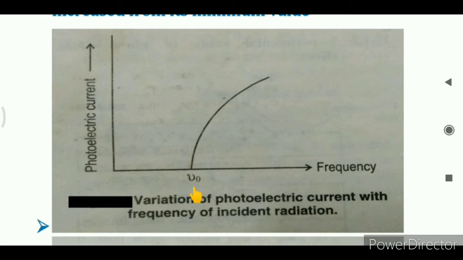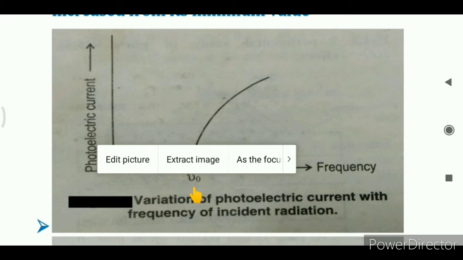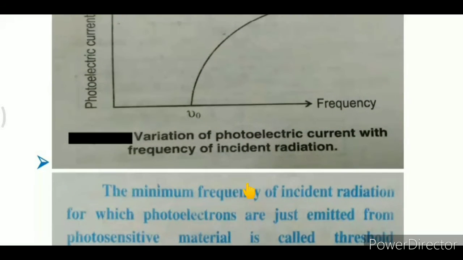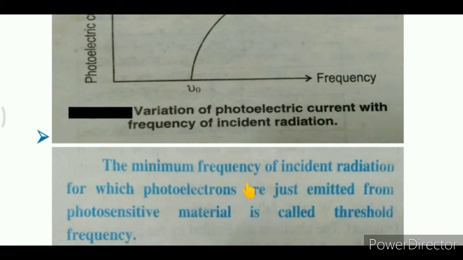To have the photoelectric effect, the incident radiation must have a frequency equal to or greater than this threshold frequency, and the wavelength corresponding to this threshold frequency is called threshold wavelength. This is the first observation that has been taken from the experiment on photoelectric effect.